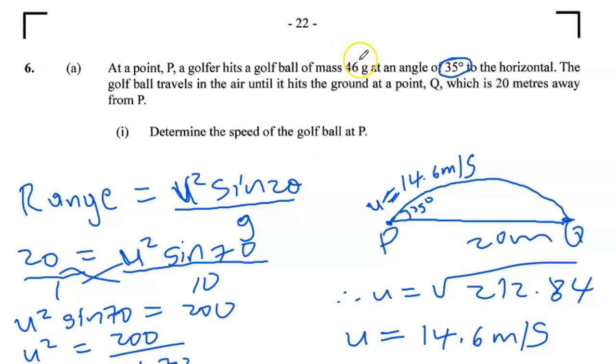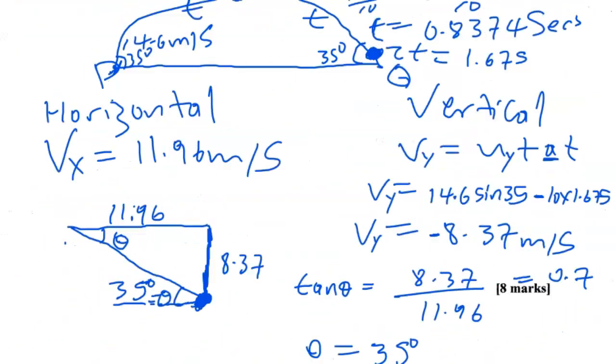The golf ball had a mass of 46 grams. And the velocity was 14.6, but of course we'll be taking the horizontal component.